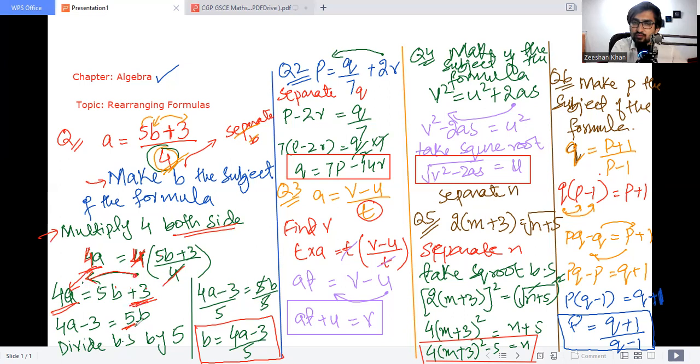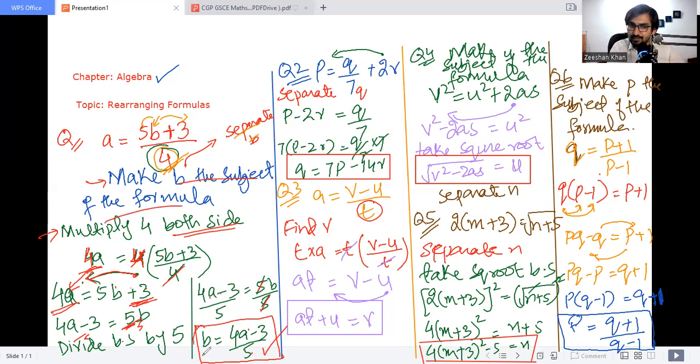For that, we divide both sides by 5. So the two 5s cancel out, and b is equal to 4a minus 3 over 5. This is the answer: making b the subject of the formula.